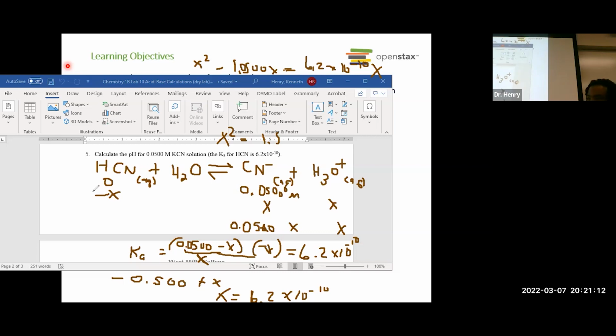Because if we assume the 5% rule, assume that 0, then we end up with essentially what we end up with anyway, right? Because the number is so tiny. So I need to figure out what I did wrong. I'll have to figure it out. Yeah. It's a good stopping point anyway.